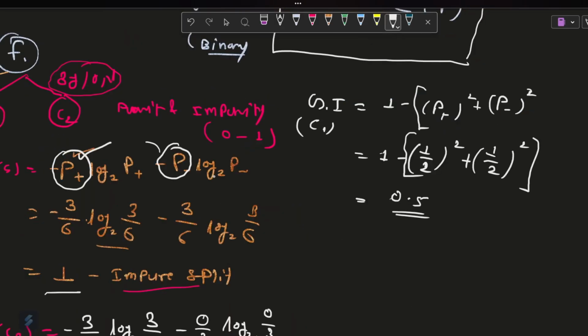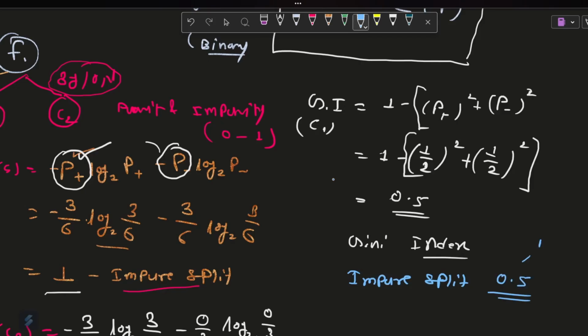So in conclusion, you will understand that when you calculate the Gini index, an impure split gives 0.5.